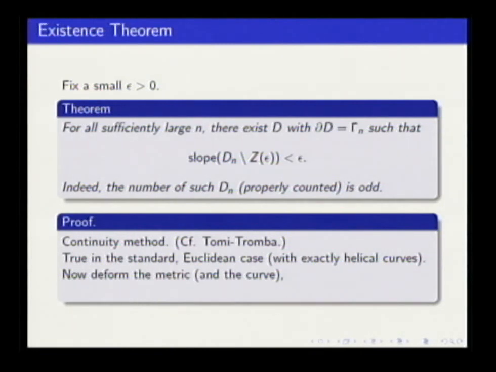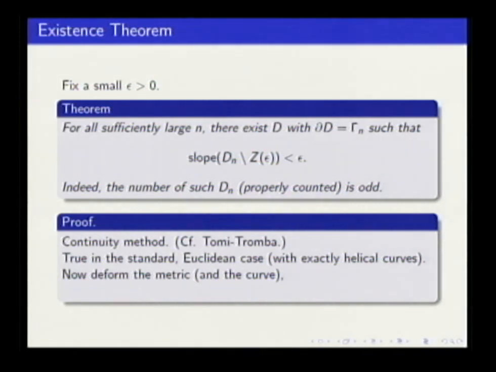However, that's very general. It's sort of easy and standard by the continuity method to say that this curve gamma n bounds an odd number of minimal embedded disks. But we're not just saying it bounds an odd number of minimal disks. We're saying it bounds an odd number of good minimal disks.